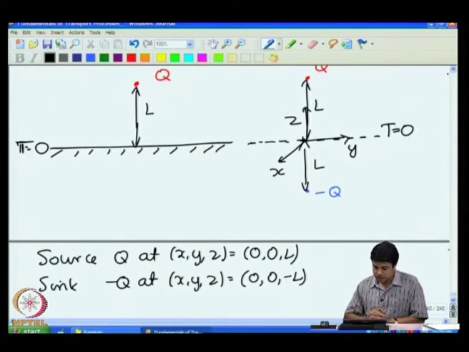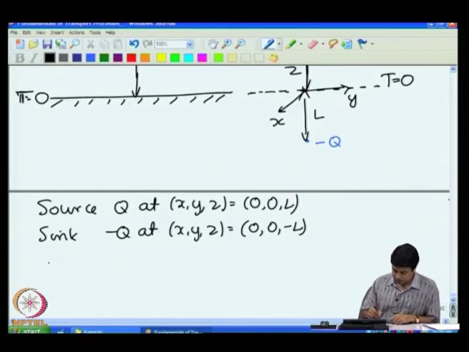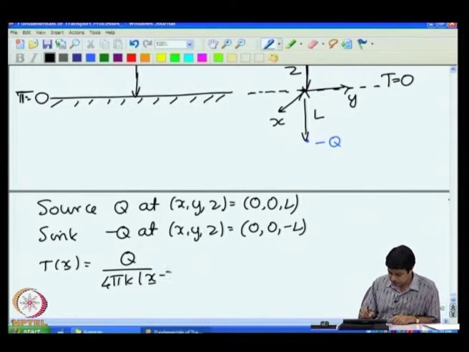I have a source at the location 0, 0, L. I have a sink at the location 0, 0, minus L. So, therefore, the temperature at any location x in the second problem is just given by the temperature at the given location x is equal to q by 4 pi k into x minus x 1.